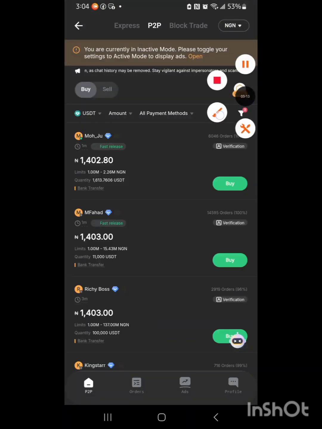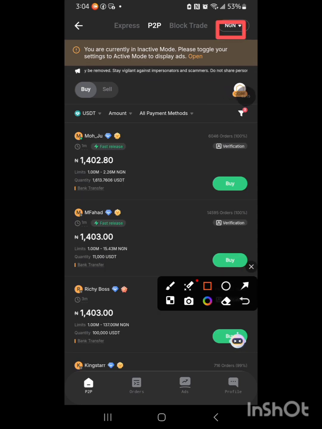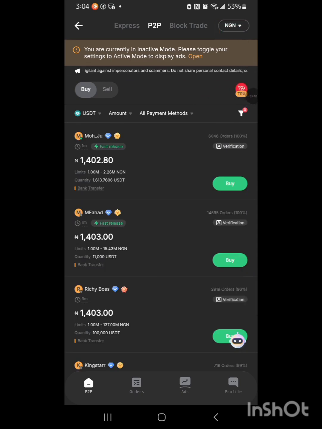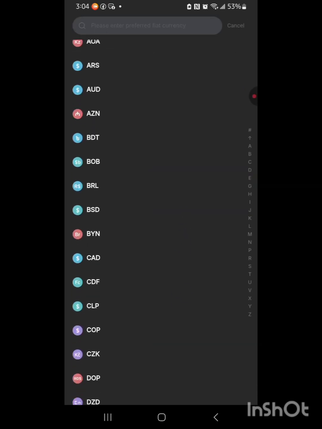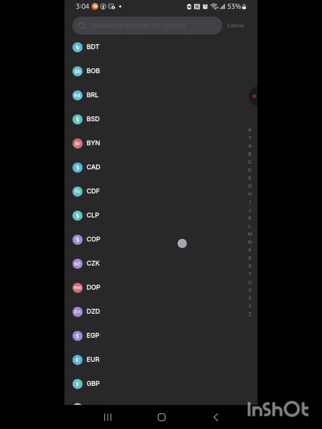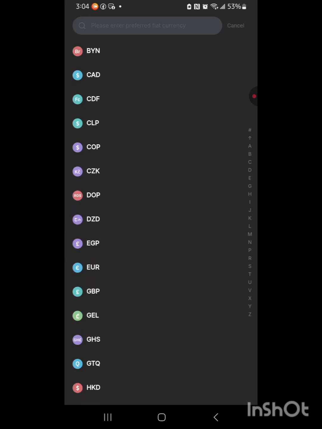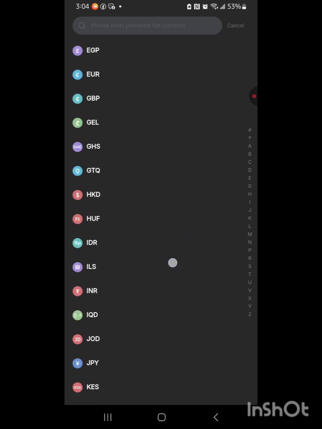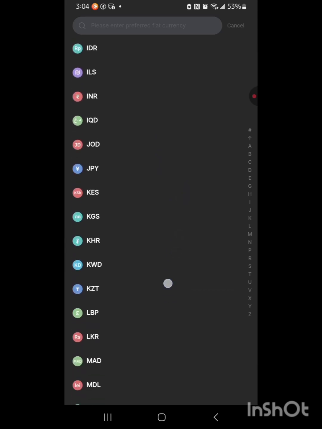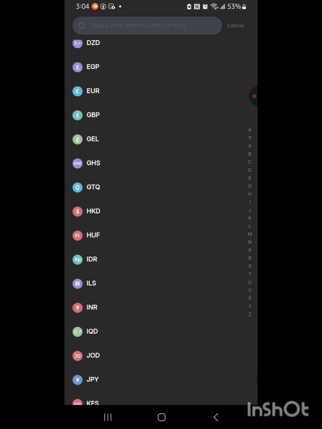If you click on this section called NGN, which in my case is on NGN by default because that's the country I'm currently in, you can see there are various countries: Australia, Canada, Zimbabwe, Europe, Ghana, Kenya, Cameroon. Any country you could think of is on the P2P market.